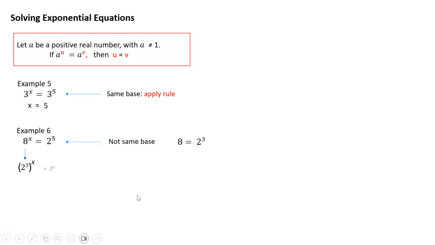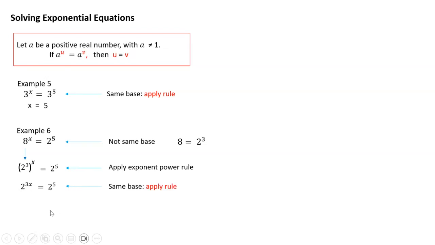Then the right side stays how it is. Now here is where I'm going to apply the power rule. When you have a base to a power to another power, we multiply the powers. So 2 cubed to the x power will give us 2 to the 3x. The right side stays how it is. Now we can apply the rule because we have the same base.